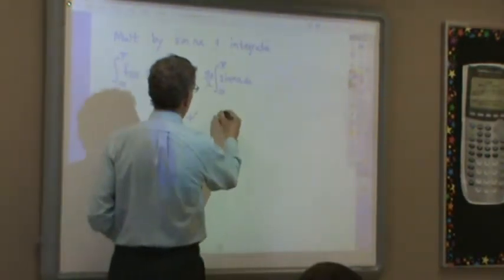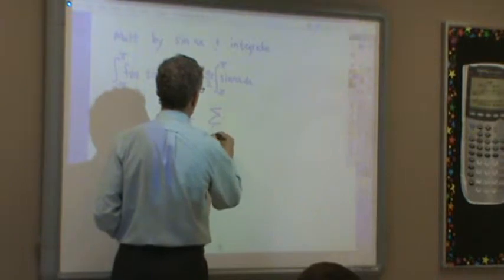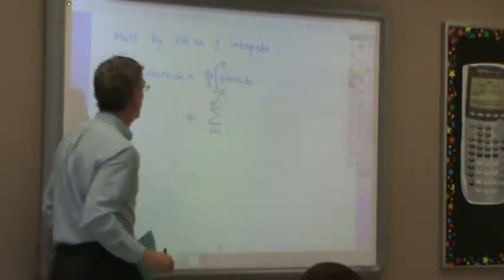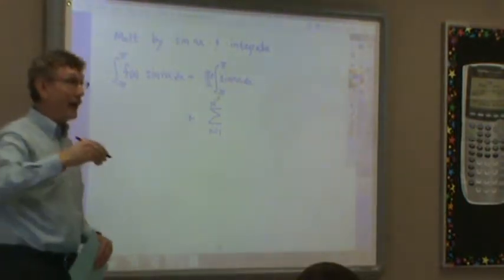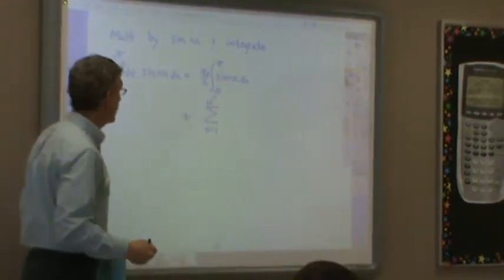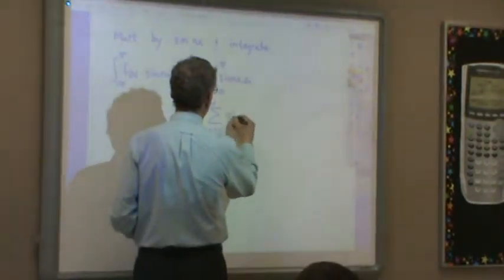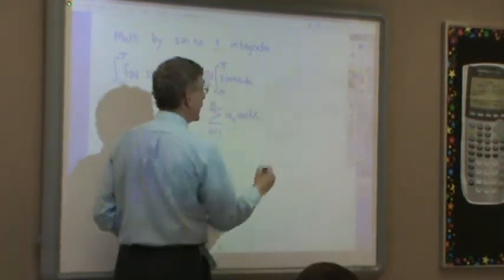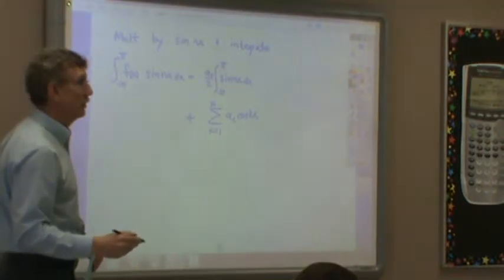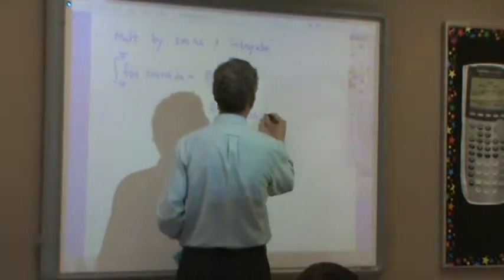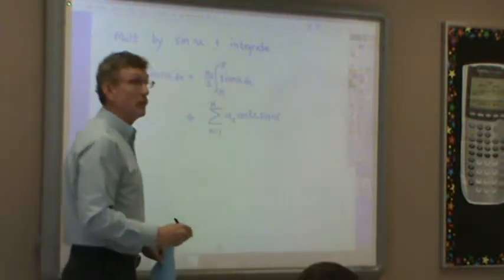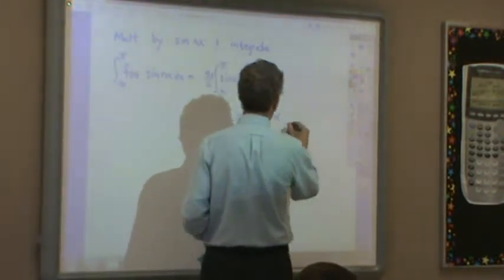We have this sum. They started off, they were a_k cos kx. What should that term look like now? a_k cos kx, we tack on sine of nx. And there were also the b_k terms, b_k sine kx.